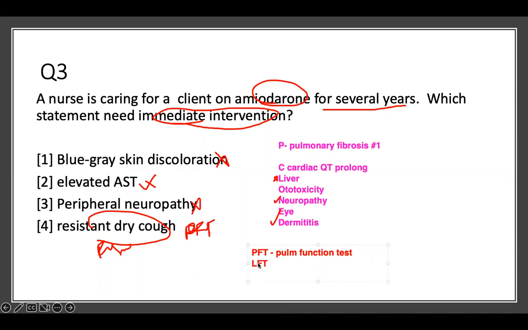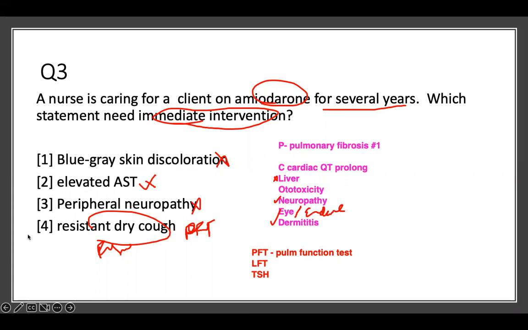They can also get a TSH, a thyroid function test. I did not put it there, but for the I you can also put endocrine. I nearly forgot. So I is endocrine too. So they get TSH, liver function test, and PFT.